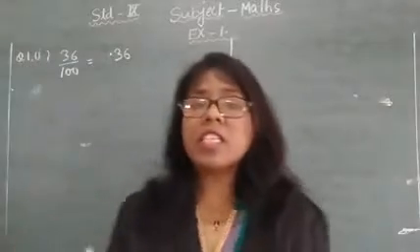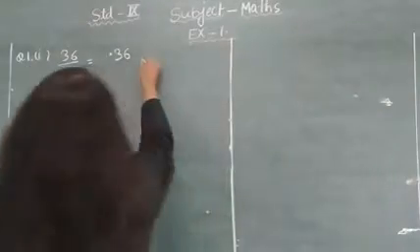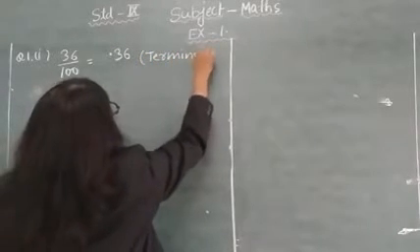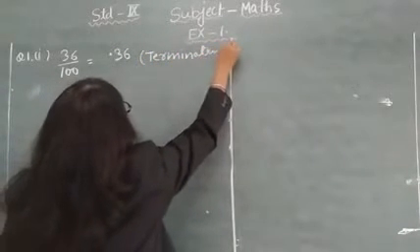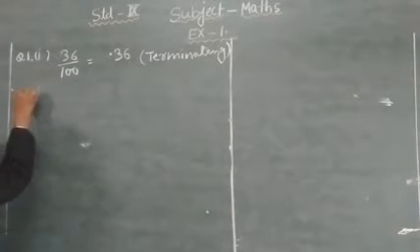This expansion is terminating because you will get remainder 0 in this case. So this is called a terminating decimal expansion.